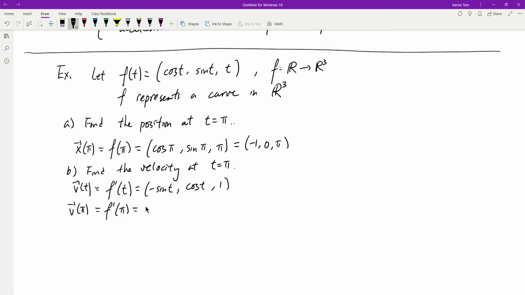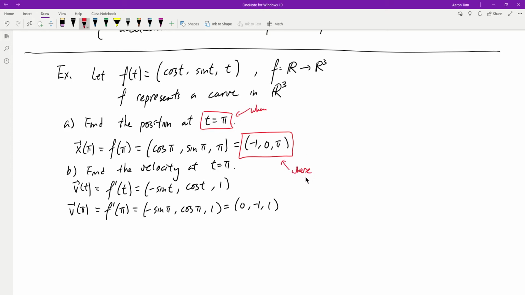So that becomes negative sine pi, cosine pi, 1, which becomes 0, negative 1, 1. So that is our position, which tells me where we are at that moment, and this tells me when. This is when, this is where. Then what is this? This is the direction of movement.